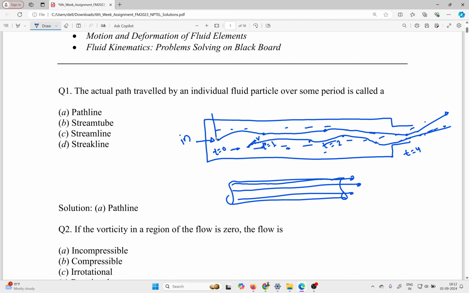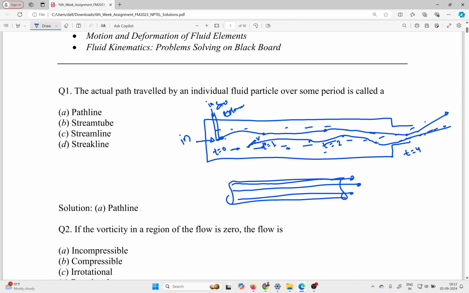Let us suppose you want to put in a dye system, or if it is gas, you can enter smoke, or if it is liquid, then some color.